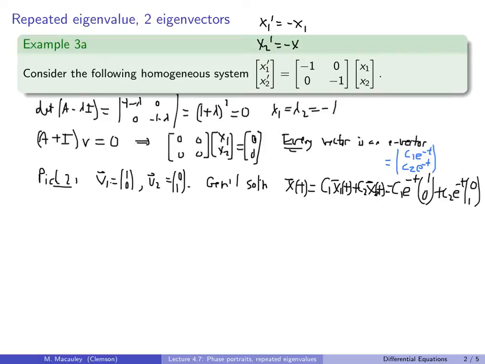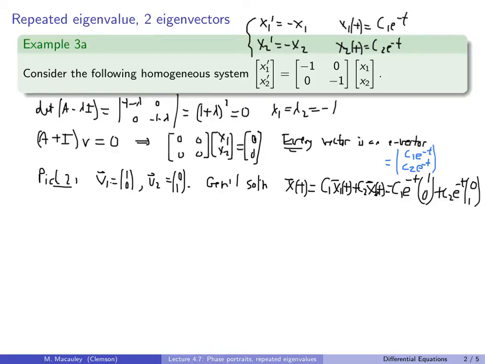This is something that we knew how to do very early on. And we knew that x1 of t equals c1 e to the negative t and x2 of t equals c2 e to the negative t. And that's exactly what we got down here.